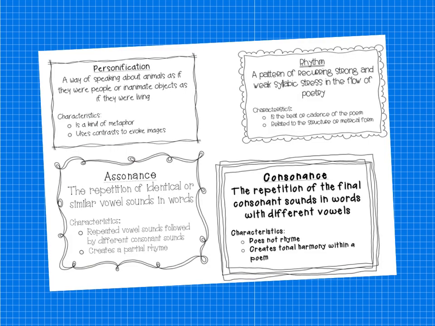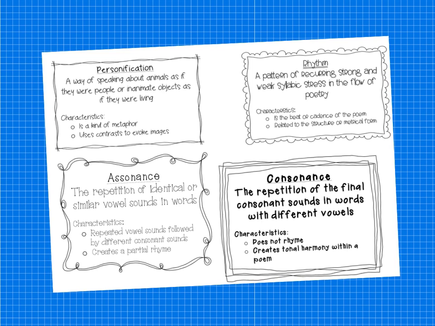I also had you add this information into your notebook. Personification being a specific type of figurative language that's fun to work with. The idea of assonance and consonance are advanced concepts, and I'm not going to go into these, but it might be something fun for you to explore independently. We are, however, going to take a look at the idea of a rhythm when we get a pattern that's being creative.